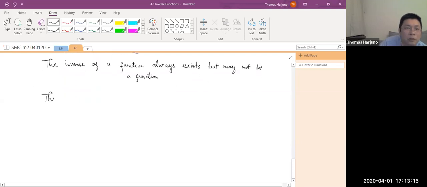The inverse of a function is also a function only if the function is one-to-one.